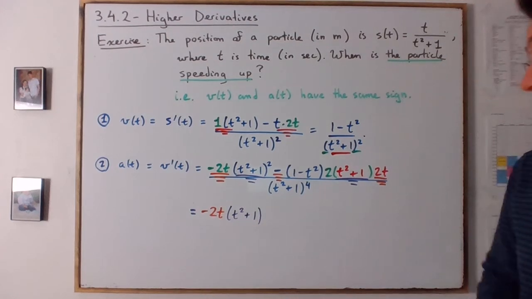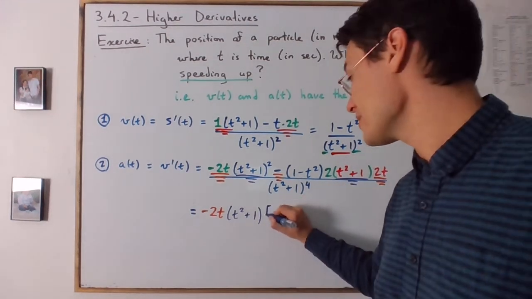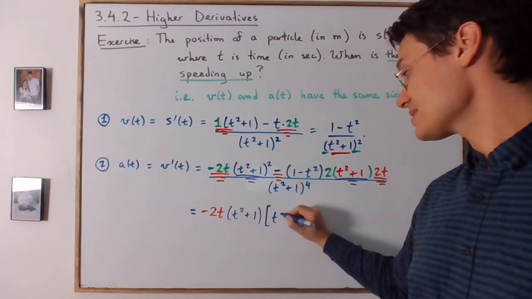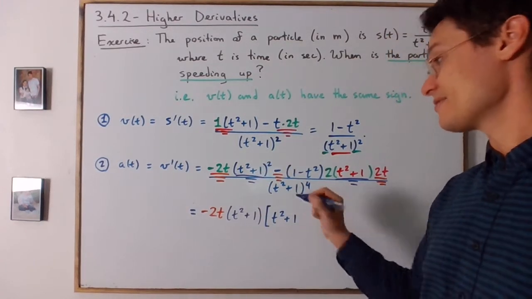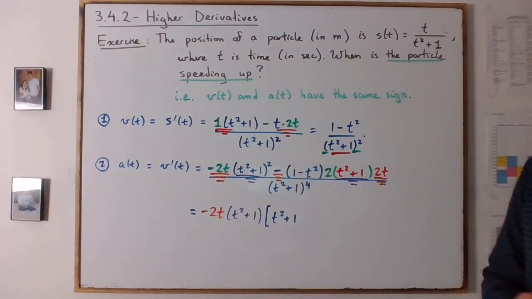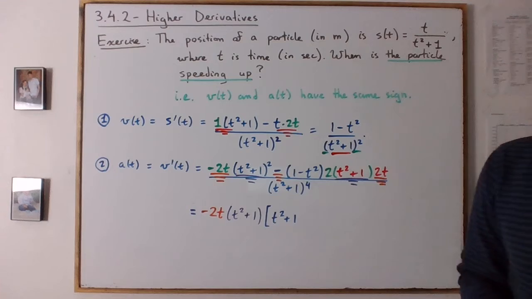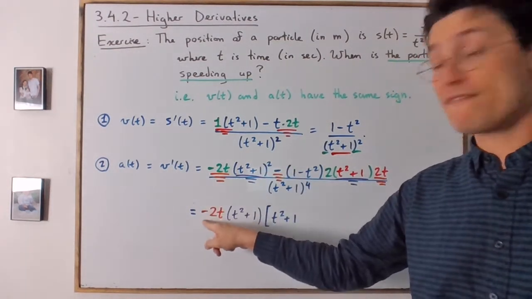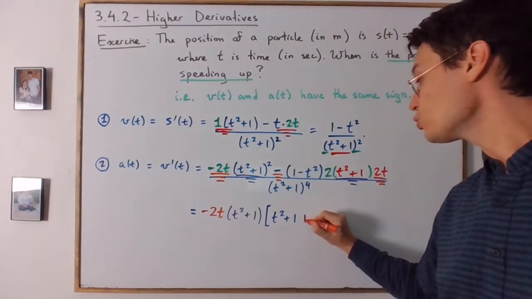And now we write the big bracket. So whatever is left of that. In this term, the only thing left is t squared plus 1. That's the first term. So in other words, 1 exponent of this. That's what's left. Now, be careful. There's no more minus. It was part of the factoring. So this turns into a plus.